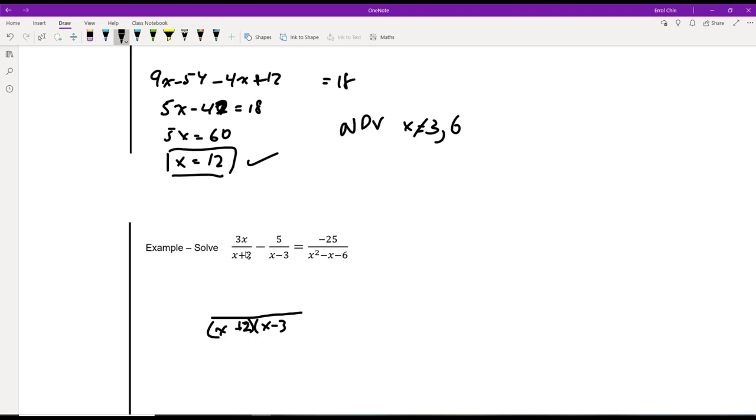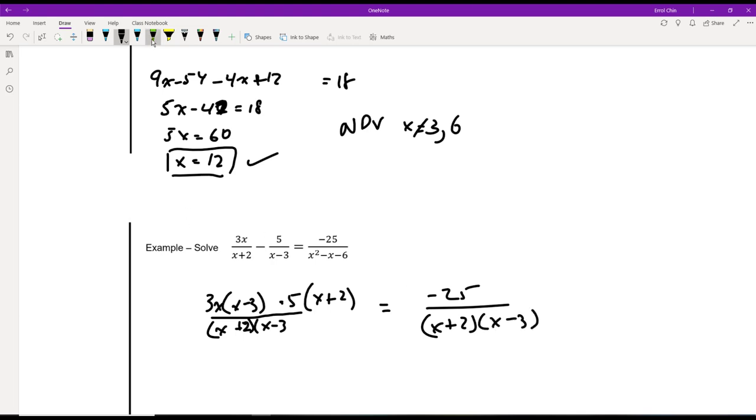I need an x minus 3 here, so I'm going to multiply that by x minus 3, so it's 3x times (x minus 3). And then this is going to be negative 5 times, well, this has an x minus 3, needs an x plus 2, is equal to negative 25 over (x plus 2)(x minus 3).